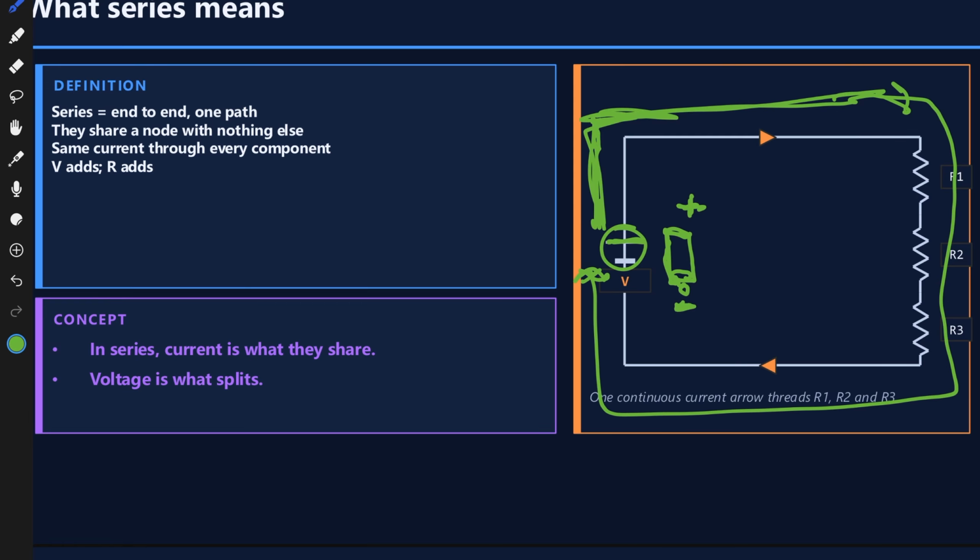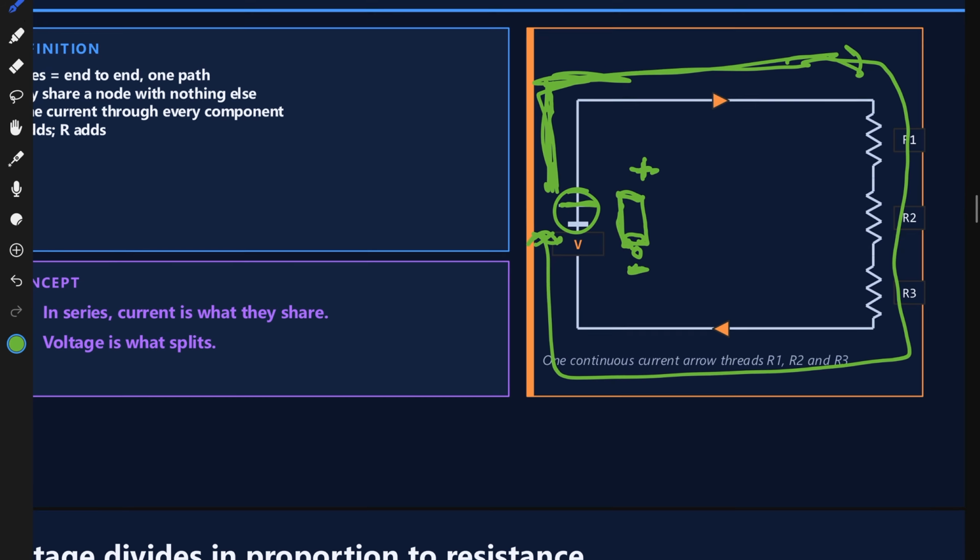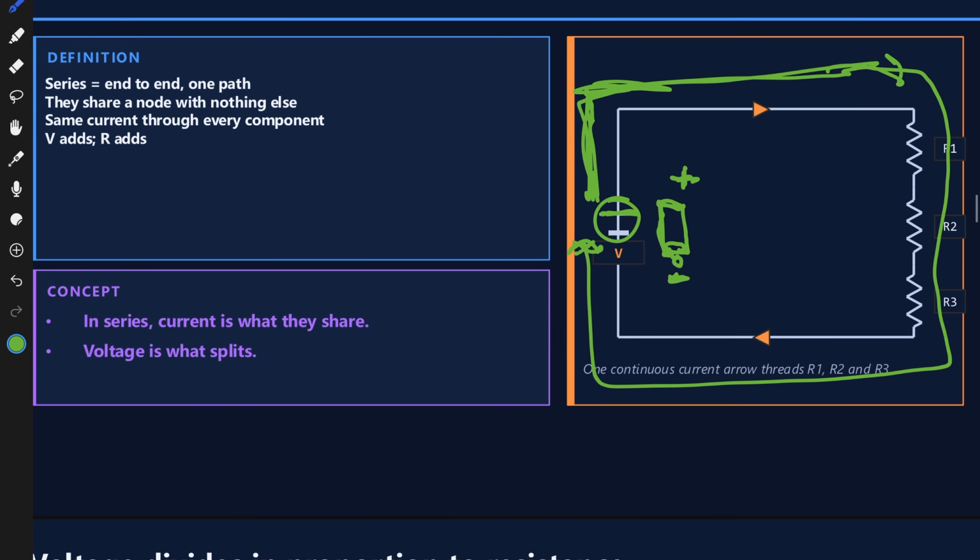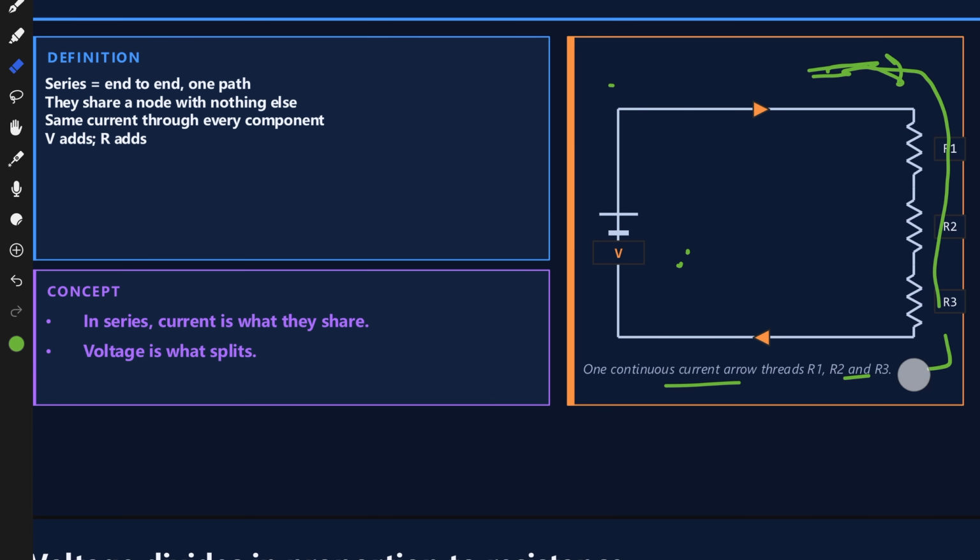And that's how it moves. And we're going to draw it coming from the positive side. So this is the direction of the current, and it just flows like that till you reach the negative side.